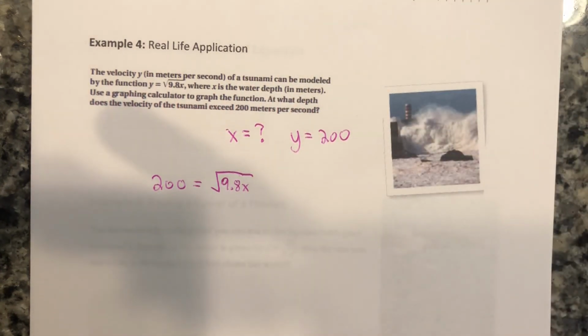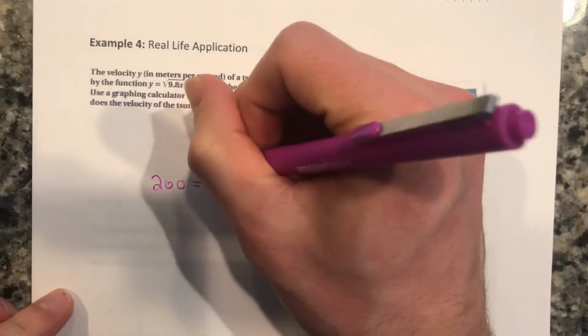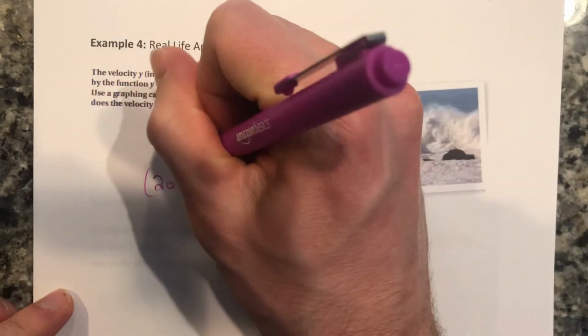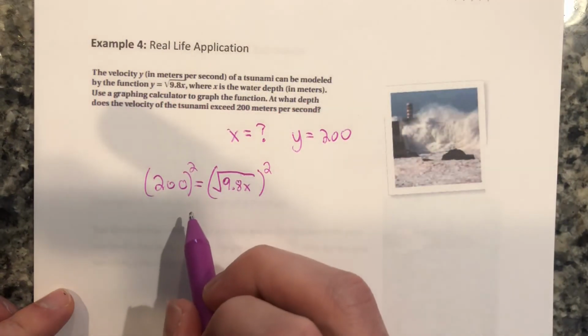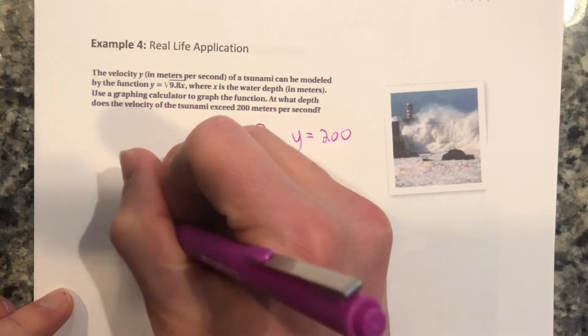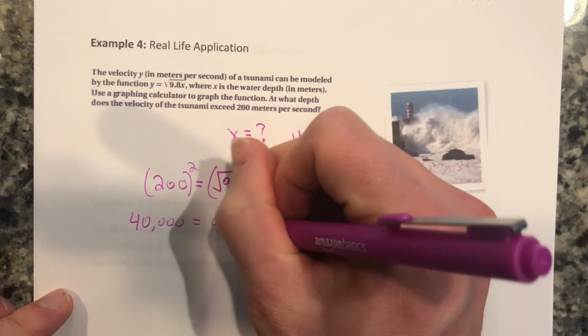The first thing you would need to do is get rid of that square root symbol, because we want to get x by itself. To get rid of a square root symbol, you do the opposite, which is squaring it. So square each side. 200 squared is 40,000. And this will just be 9.8x now.